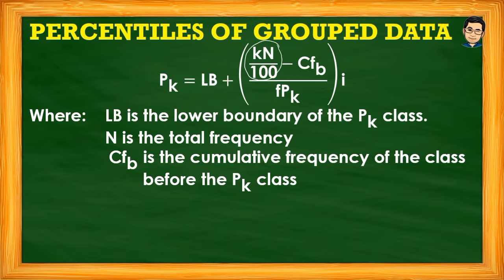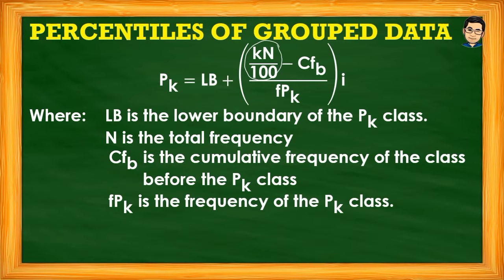Once you have determined the location of the P sub K class, dun lang po tayo sa cumulative frequency column titingin, and sa ibaba ng ating P sub K class ay matatagpuan yung CFB. And then, frequency of the P sub K class, kung ano yung frequency ng ating P sub K class, yun na mismo ang ating kukunin. Wala tayong isosolve doon.